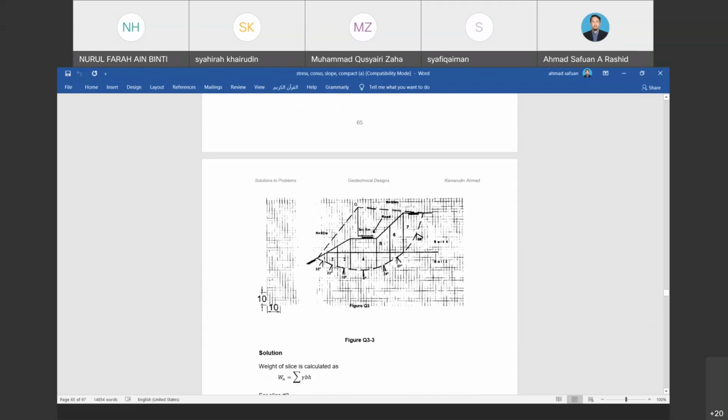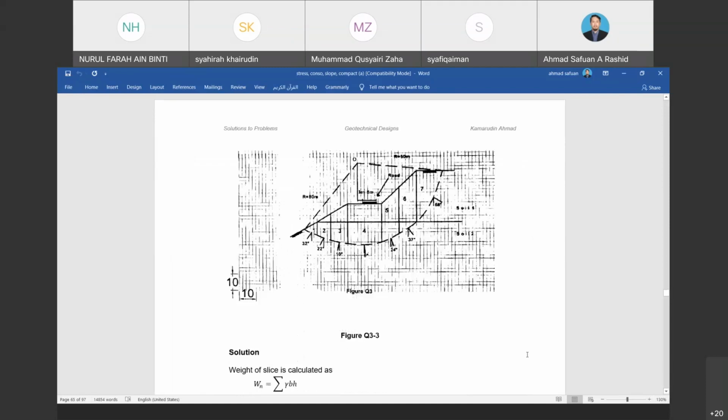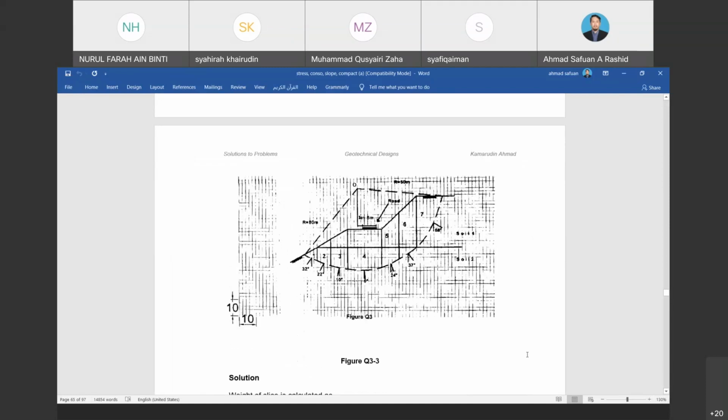So hopefully you can look at your book, because I want to explain in detail.